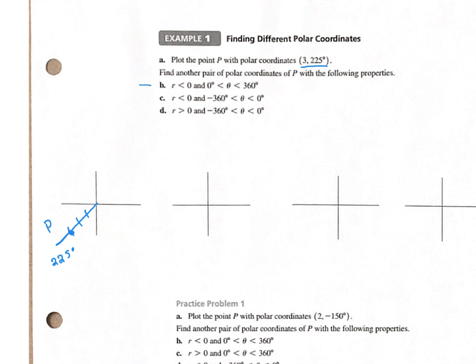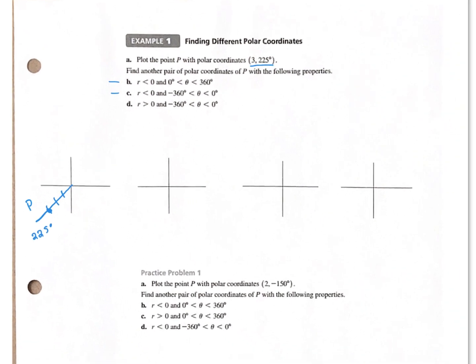We're going to hold off on B and C. I'm going to do D first, because D says R is still positive, so we're still going in the positive direction. But it says let's subtract the 360. So if we do 225 minus 360, we get negative 135.